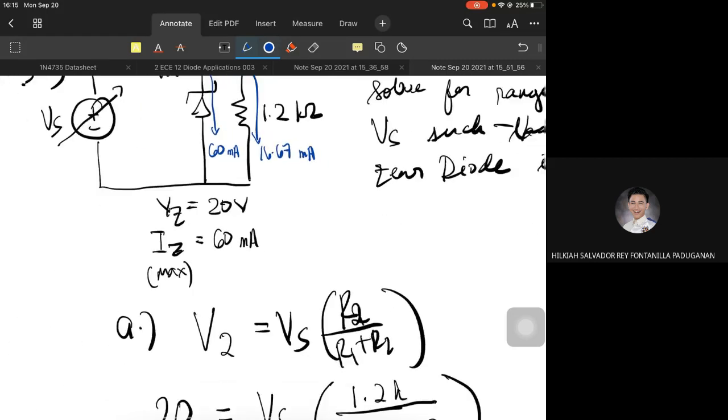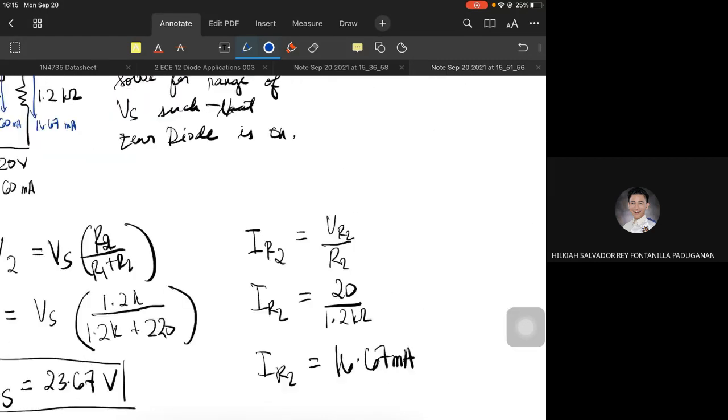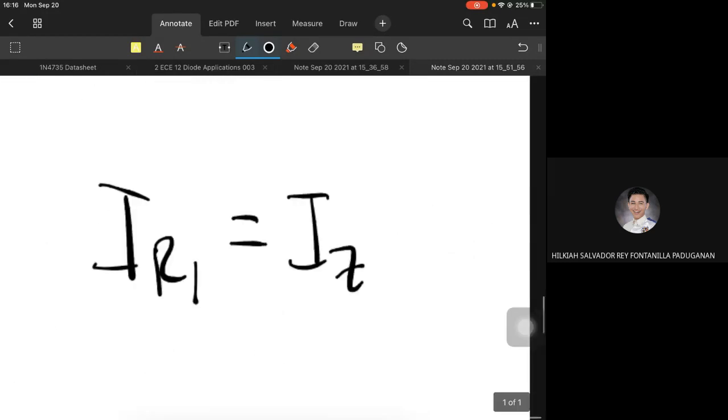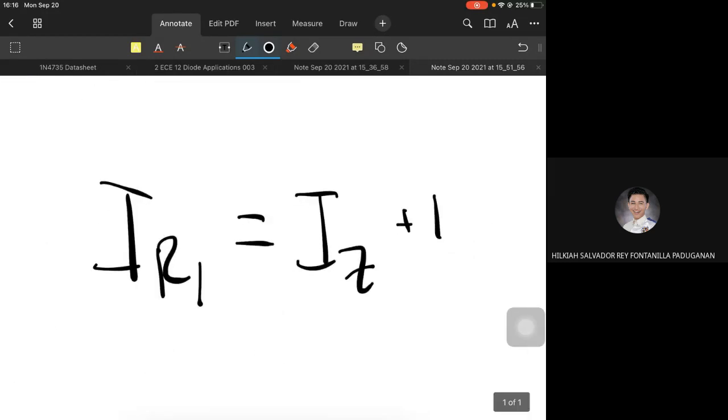Meaning, the maximum current across R1, by virtue of Kirchhoff's current law, is IZ plus IR2.